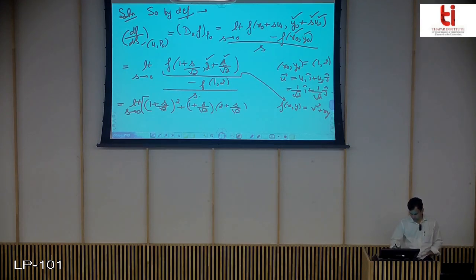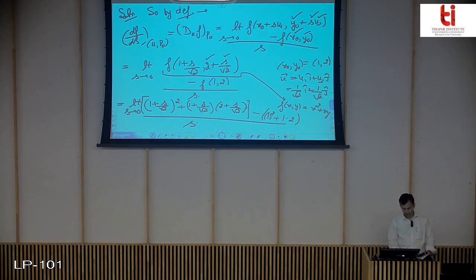Let me write it properly. Minus f(1, 2), which is 1 squared plus 1 into 2, whole divided by s.